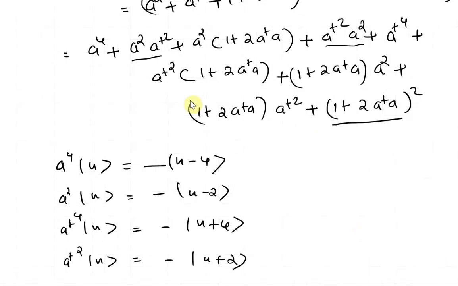Now, okay, what about this quantity? That is nothing but a constant multiplied with a square, so it's reducing the state by 2. So that will be the same state which is produced by this quantity. So there is no other change.